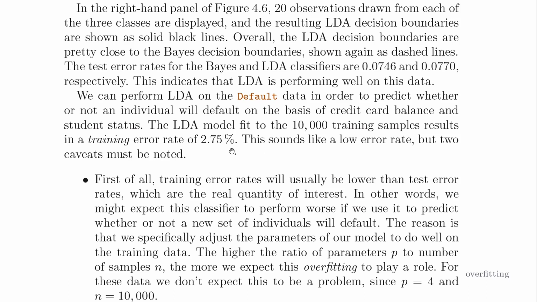What is 2.75% of 10,000? It's 275. So of these 10,000, it only gets 275 wrong. What does wrong mean? It's an observation that did default, but the model classifies it as no default, and vice versa: an observation that did not default, but the model's decision boundary results in it being classified as a default.